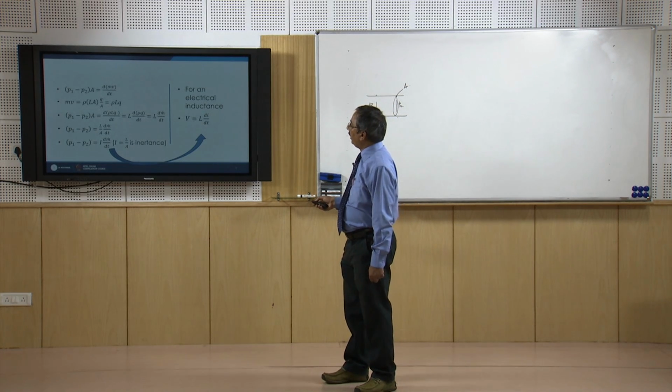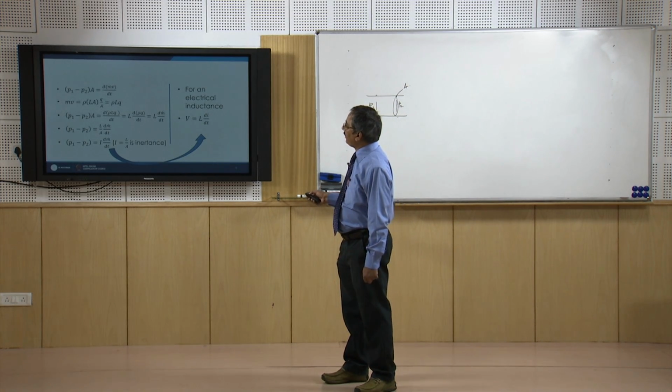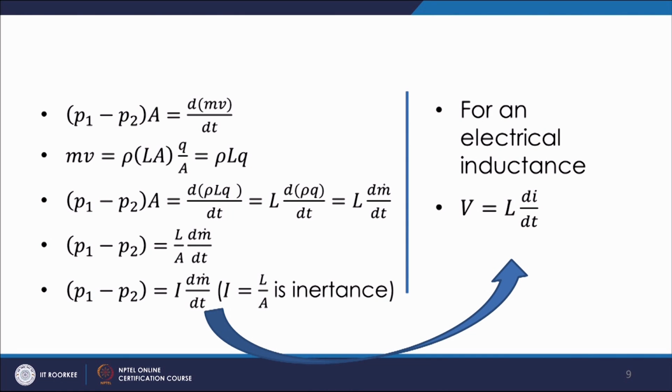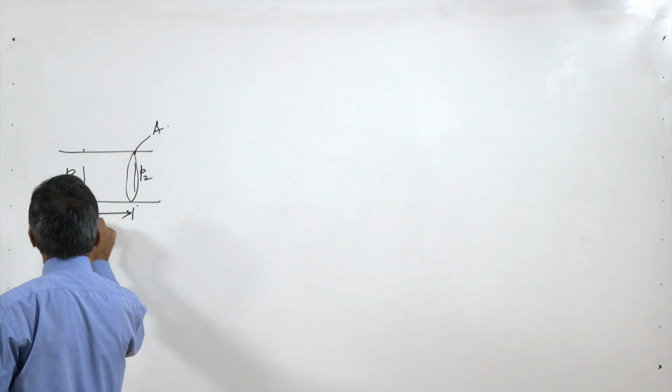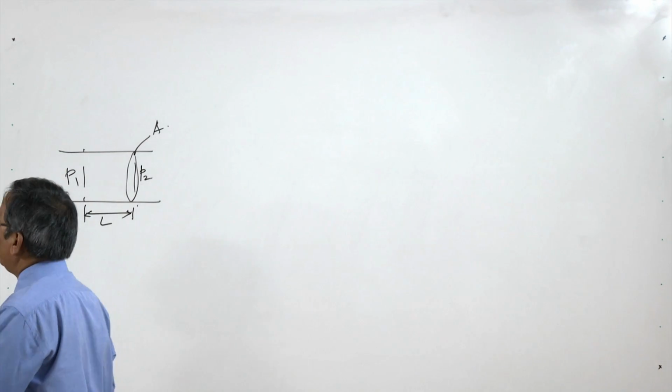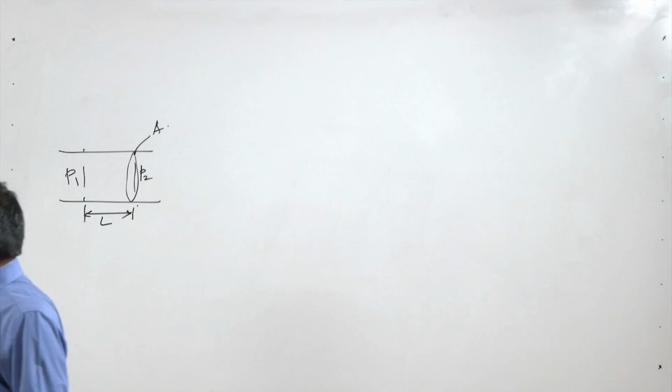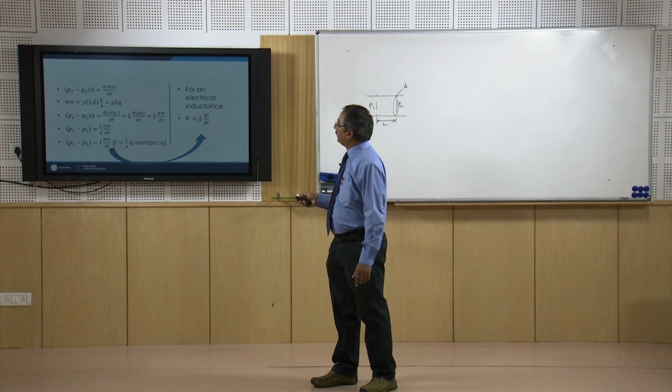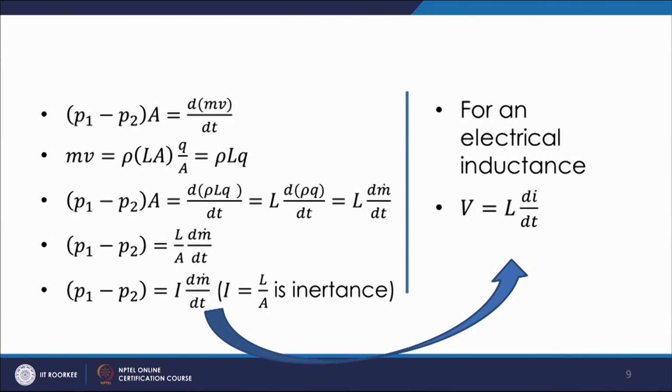Now, mv is basically momentum, so I write it in terms of density and rate of flow: rho times LA, where L is the length of the block and A is the cross sectional area. So LA gives you the volume, and this volume multiplied by the density gives you the mass.